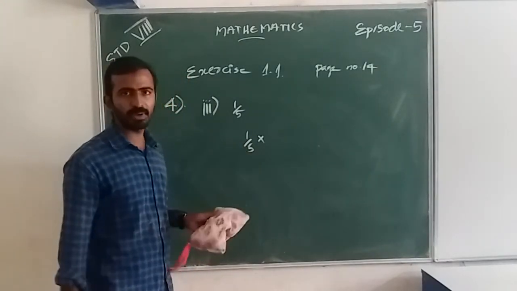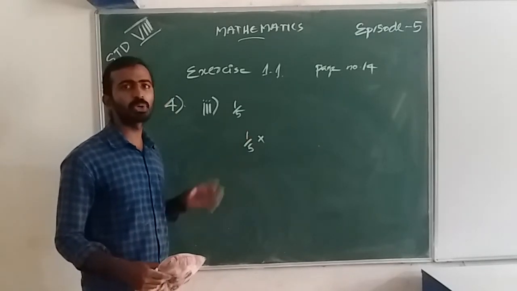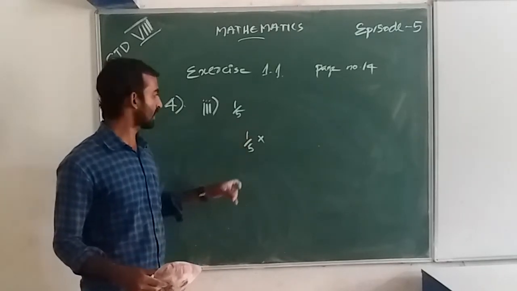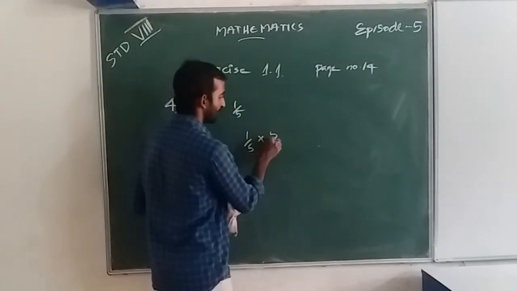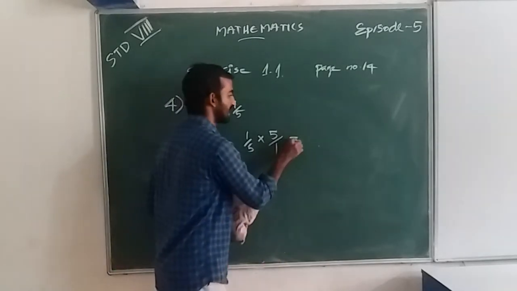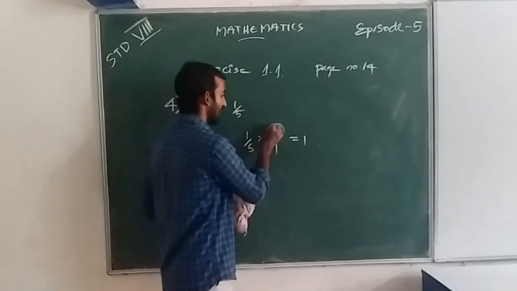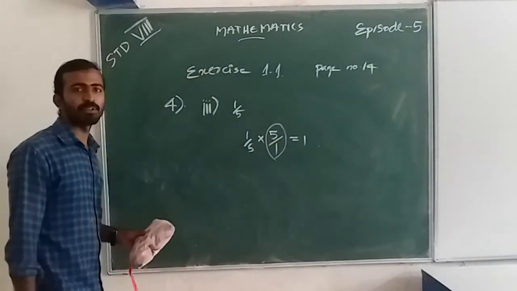This is a rational number because it is in the form p by q, q not equal to 0. Here p is 1 and q is 5. So we take the reciprocal, that is 5 by 1, and the product gives the answer 1. Then 5 by 1 is the multiplicative inverse of 1 by 5.